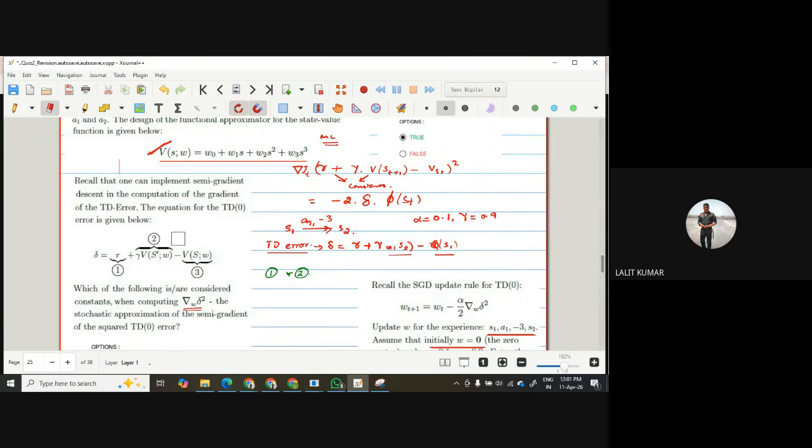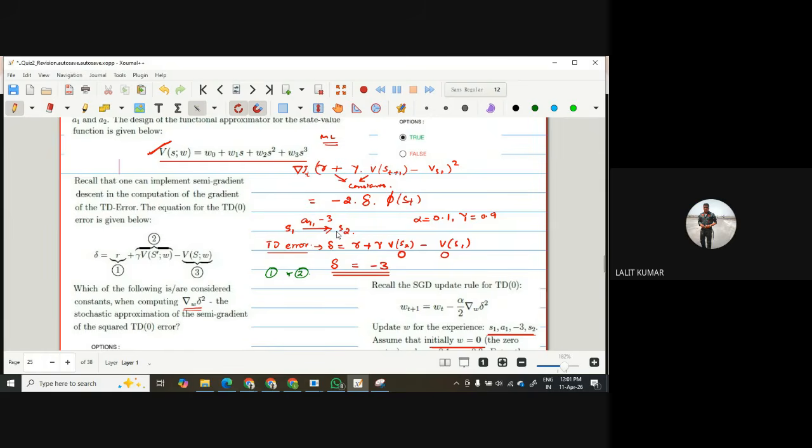Sorry, here it is B. Can we calculate this again? Any problem with this question? If all W's are 0, then this is also 0, this is also 0. So the TD error will be minus 3 only. Is this okay with everyone?